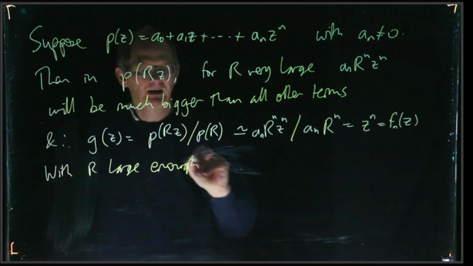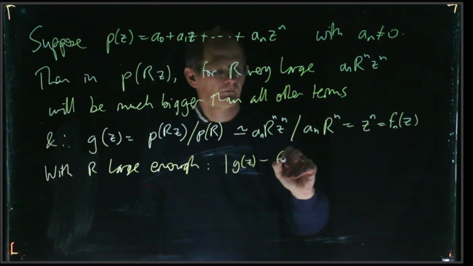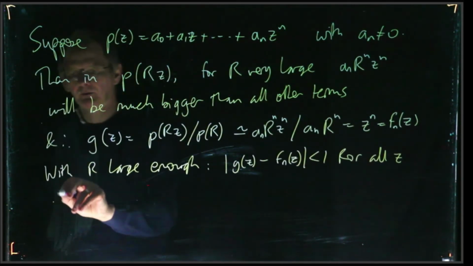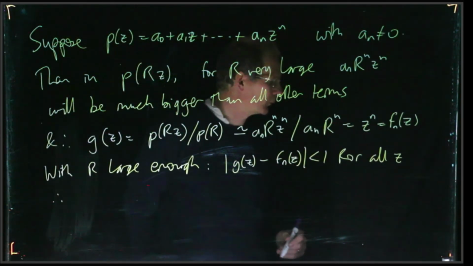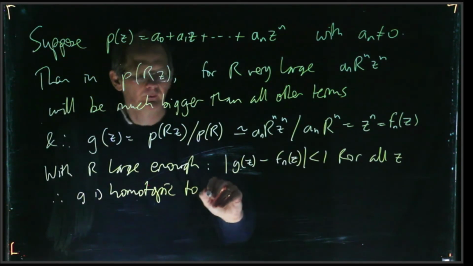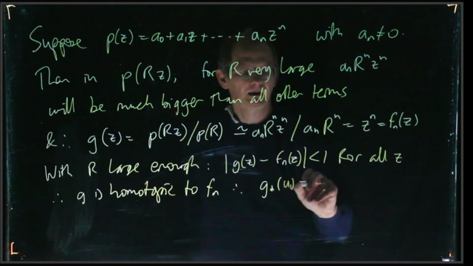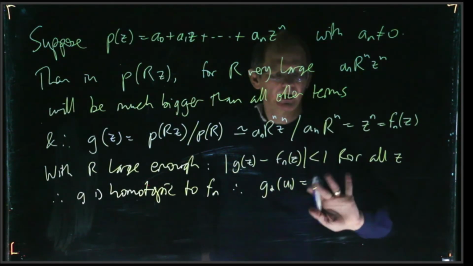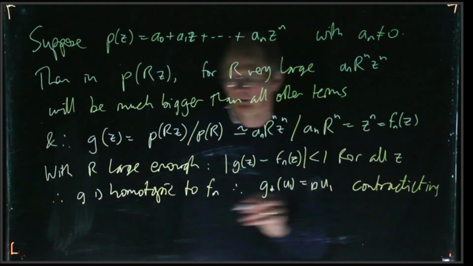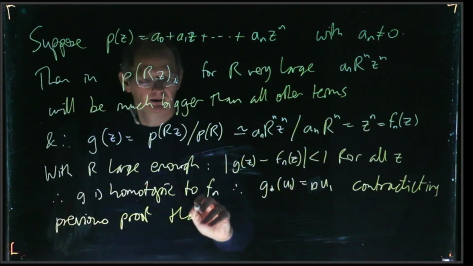Okay, so I'm not going to try and make this precise here, but one could, and then you find we find the distance between g and F_n is less than 1, and therefore g is homotopic to F_n, and as we described previously, that gives us g star of u_1 is F_n star of u_1, which is n u_1, that contradicts our previous proof that g star is 0.